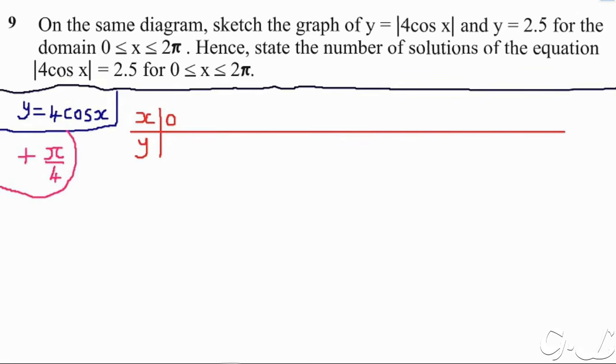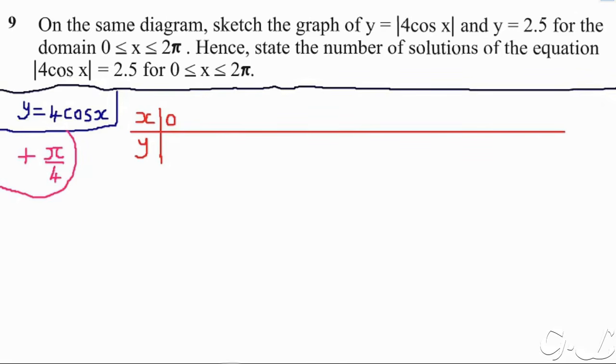In this video, we're going to be adding pi over 4. You can choose whichever one you want. If you want, you can add pi over 2, or pi, whatever. But in this video, we're going to choose an interval of pi over 4, adding pi over 4 to each value, starting from 0.